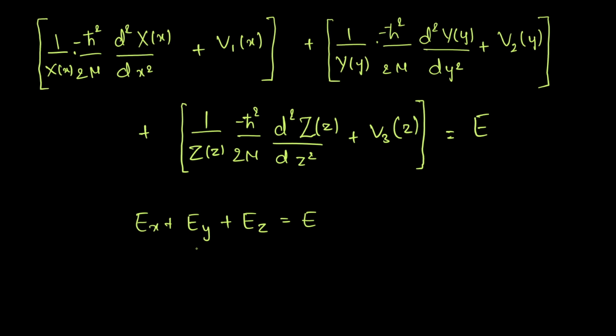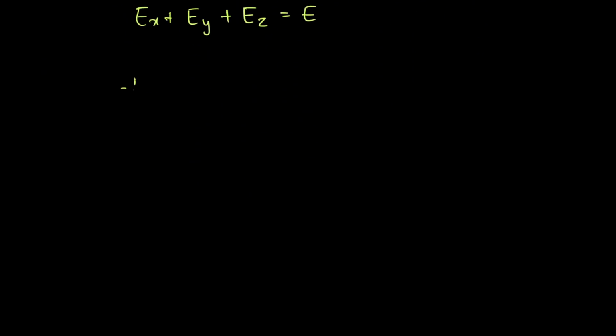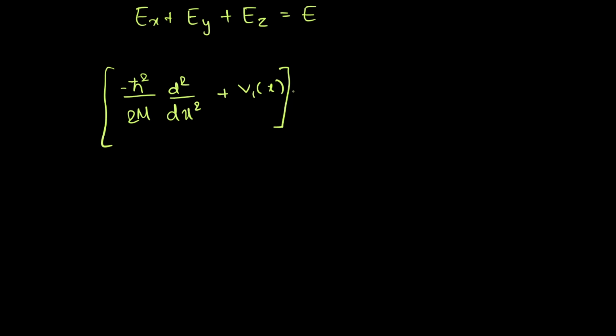We may also write each term as an independent equation. The first is minus h cross square by 2 mu d square by dx square plus V1 of x, acting on the function X of x, equals Ex X of x.